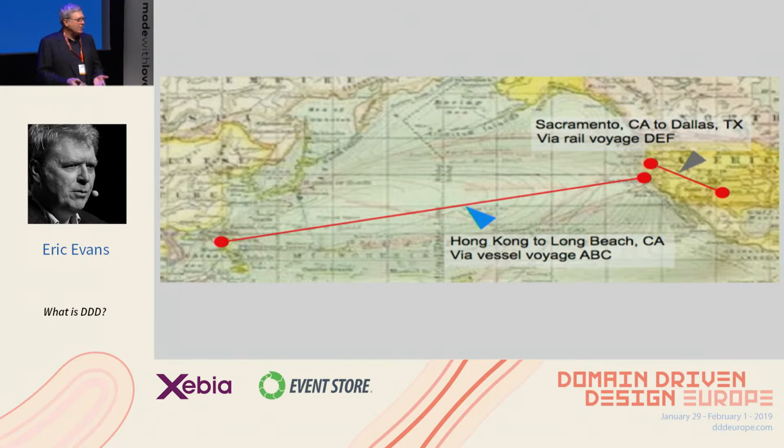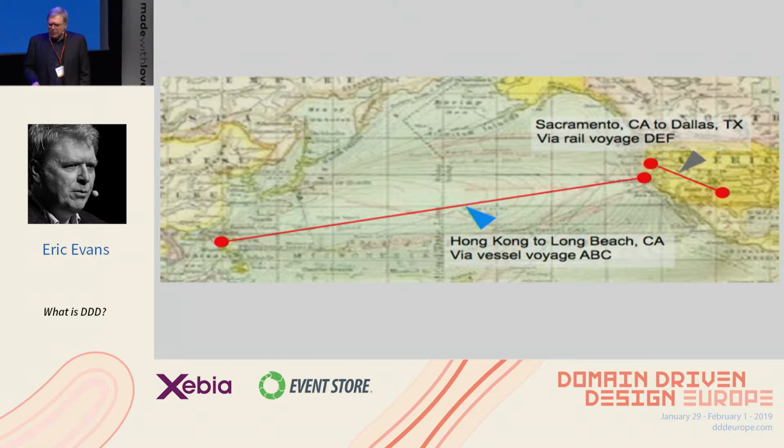When it arrived in Long Beach, they would unload it. But then when the time came for the people in Sacramento to put it on the train, they would look around for it and couldn't find it. And then eventually someone would figure out what had happened. But what we want is to be able to notice when this happens and take a corrective action.